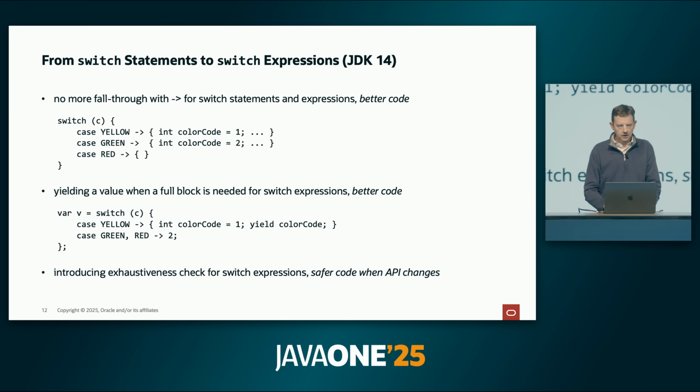When you think about mapping from an input to an output, unlike a switch statement, where you can just handle a few cases, a switch expression needs to be able to handle all the cases. And so there's a requirement that it be exhaustive. One way to do that is to use a default case. That's always possible.